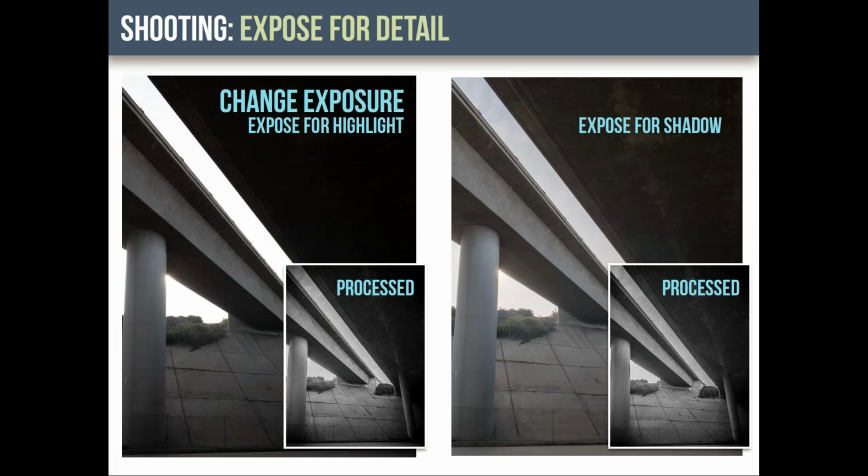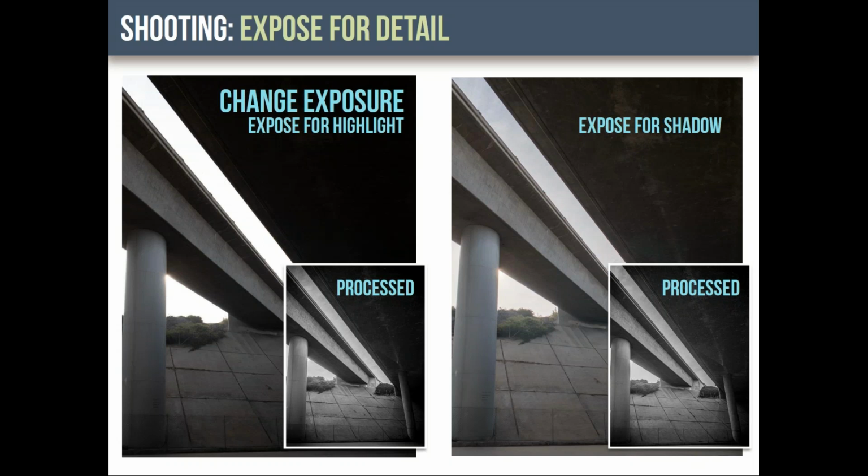Now, you're going to have to trust me on this. When you start using some of these techniques, especially when we get into processing, what I'd like you to think about when you're shooting is to expose for your highlights or expose for your shadows or midtones while you're practicing.